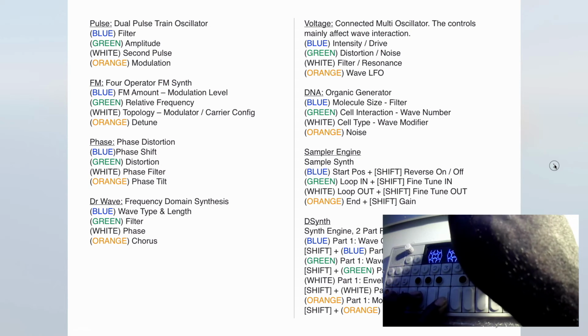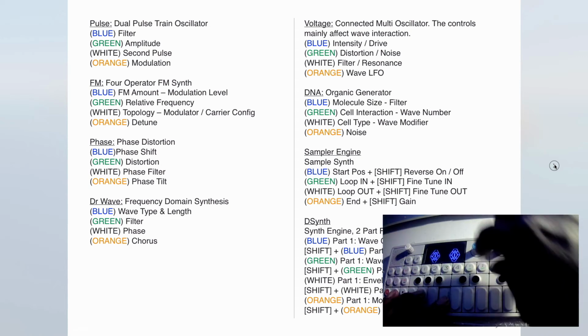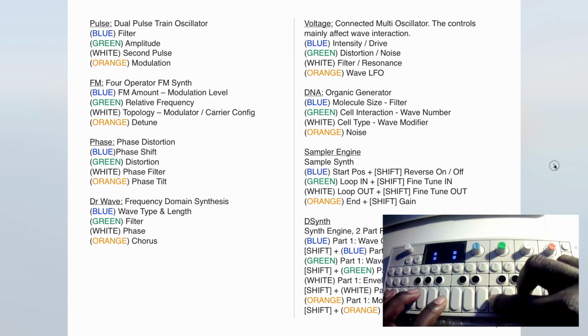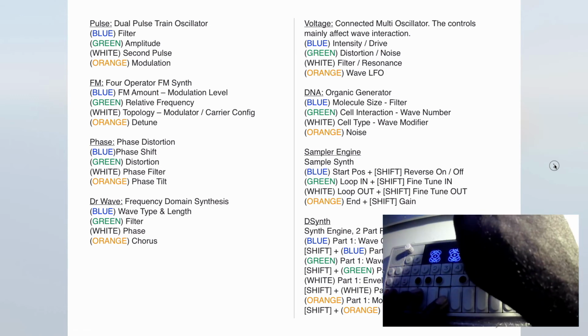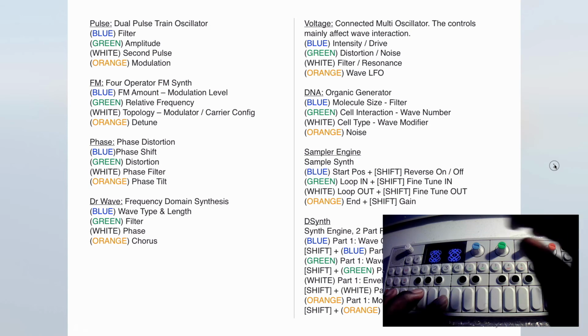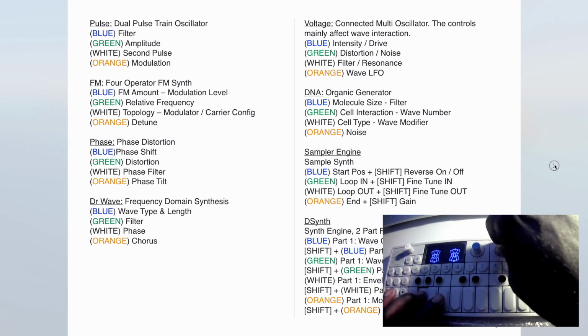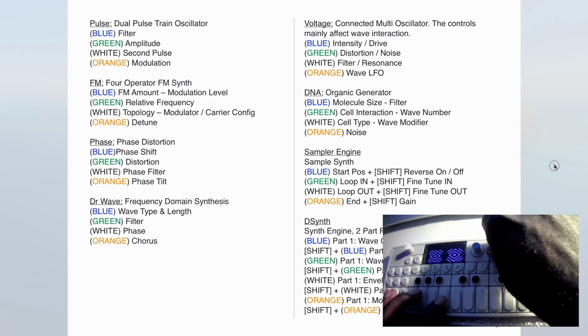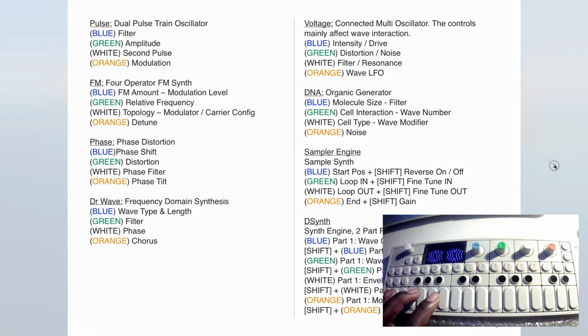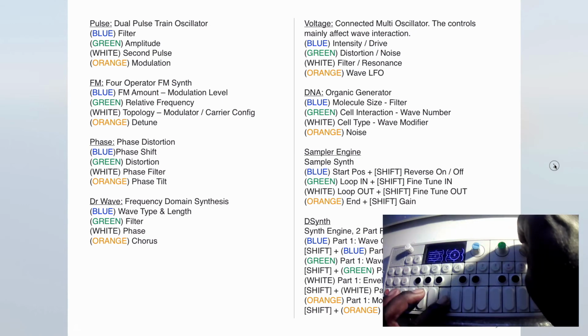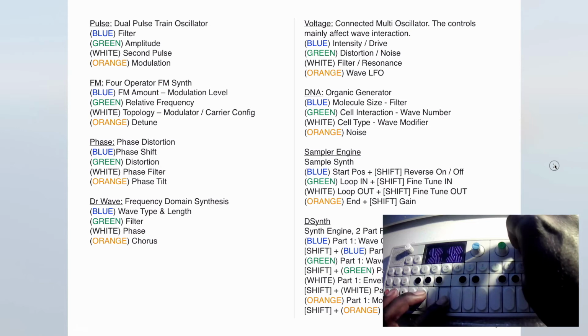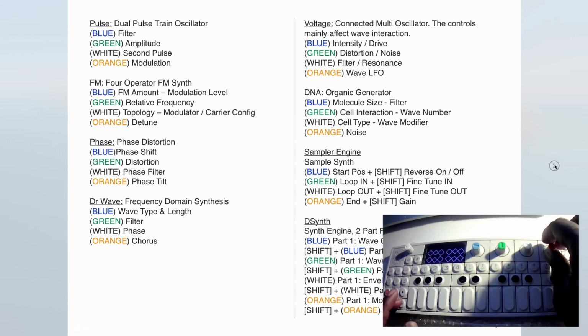So that's molecule size. Green is cell interaction. White controls wave modifier. And orange controls noise.